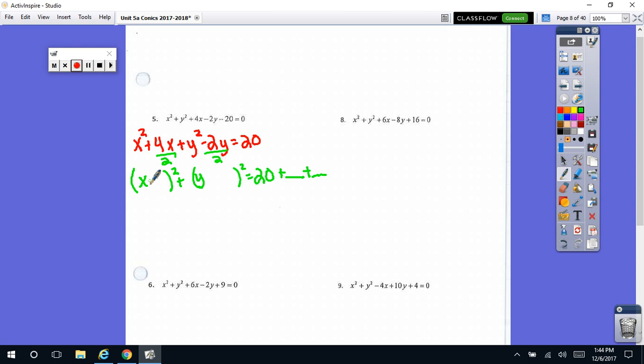Okay, again, watch your signs. And change the signs when you pull them out of the equation.